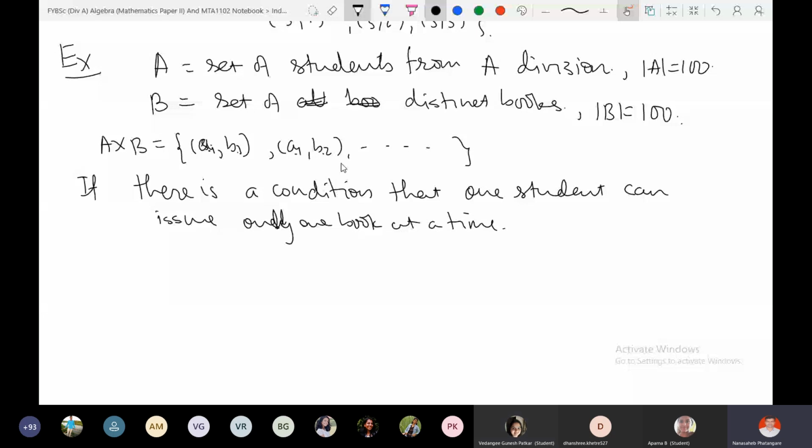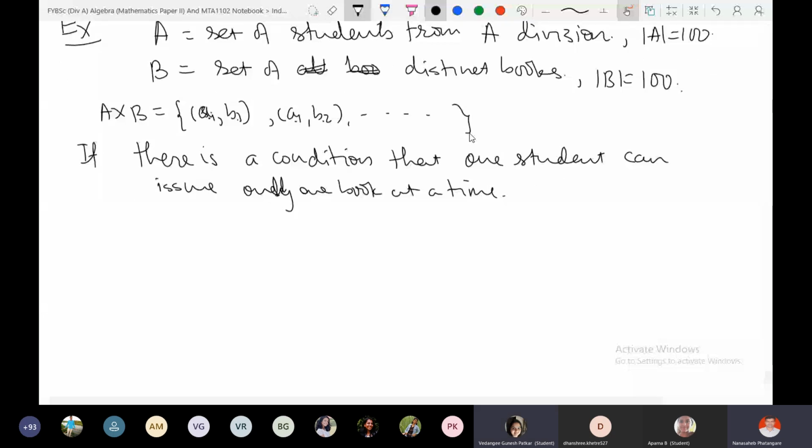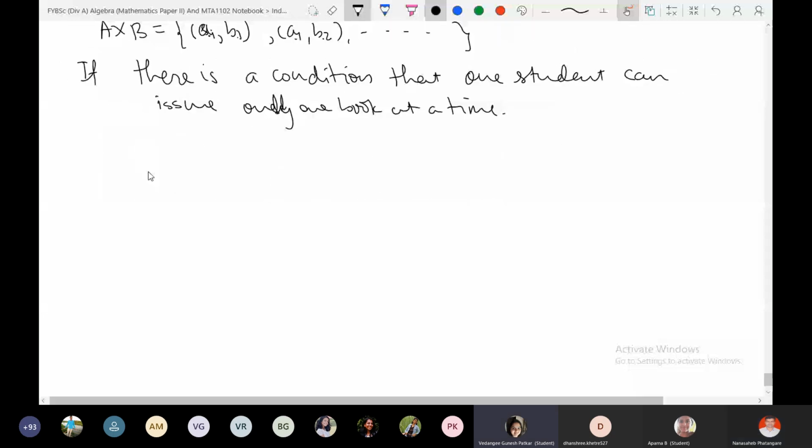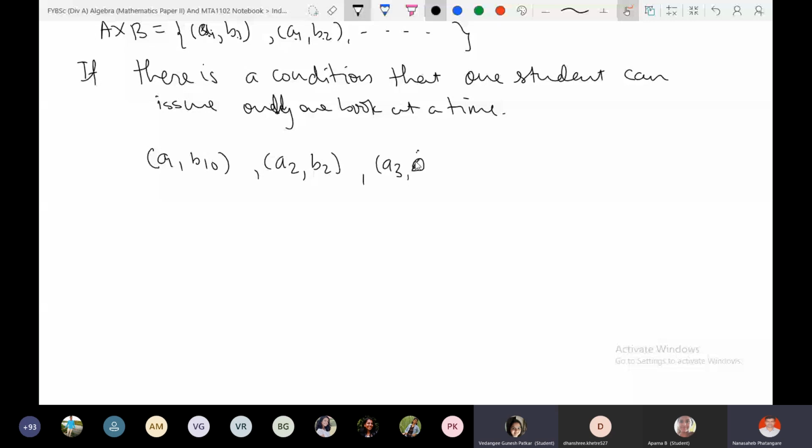Then what will I get? The set will have 100 pairs, each student with one book. So A1 can access, suppose, the 10th book. A2 can access, suppose, the second book. A3 can issue, suppose, the fourth book, and so on. So how many pairs will I get? 100 pairs. And what is the speciality of this set?